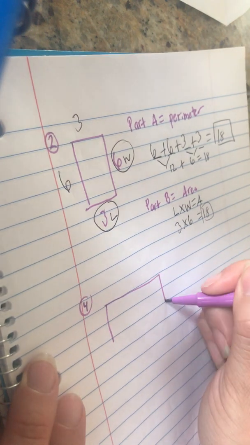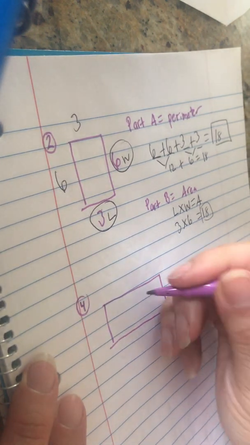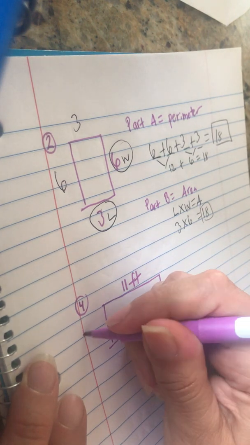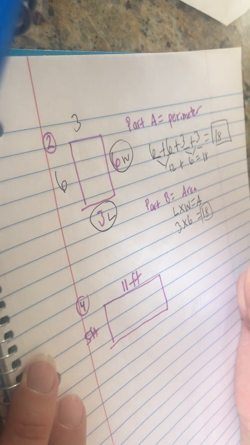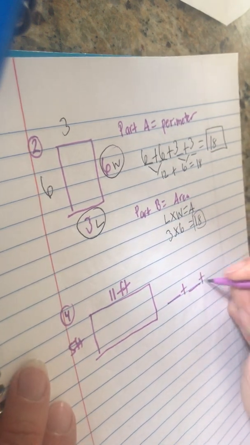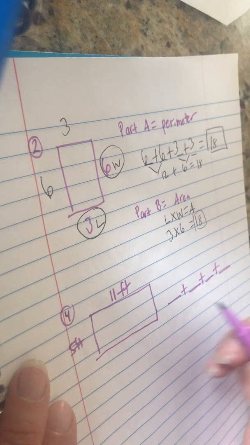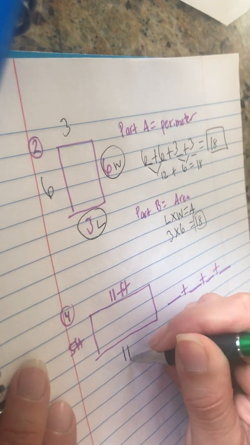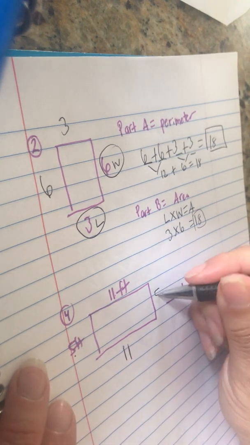This is her garden, and on the computer it shows this is 11 feet by 5 feet. I need to find the perimeter, and for perimeter I have to add all 4 sides. Then I go back to my problem. If this is 11, this is 11. If this is 5, this is 5.